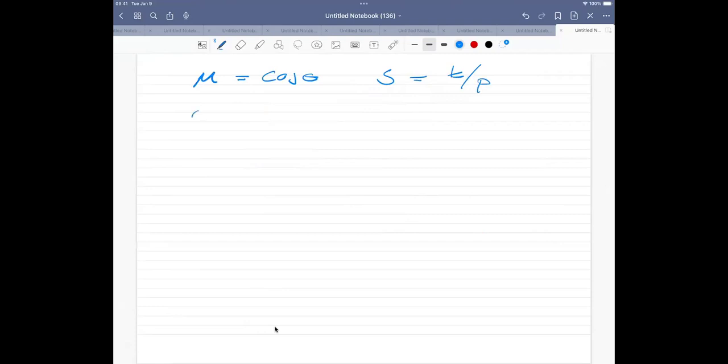So that means I can rewrite that integral, d3p d3k, and then I have 1 over p squared. So I'm just introducing this variable s, and then I have a 1 over 1 plus s squared minus 2 times s times mu.